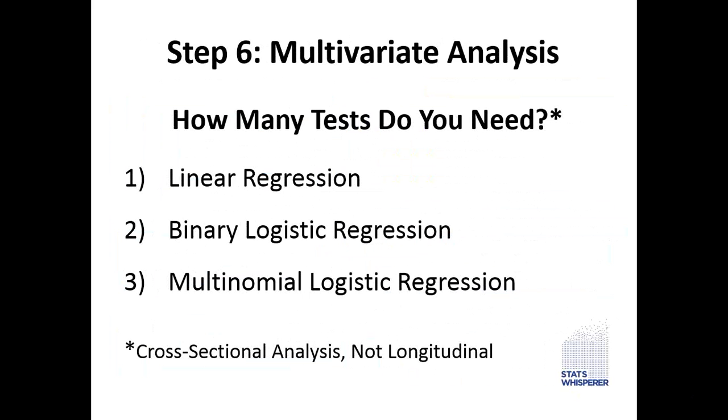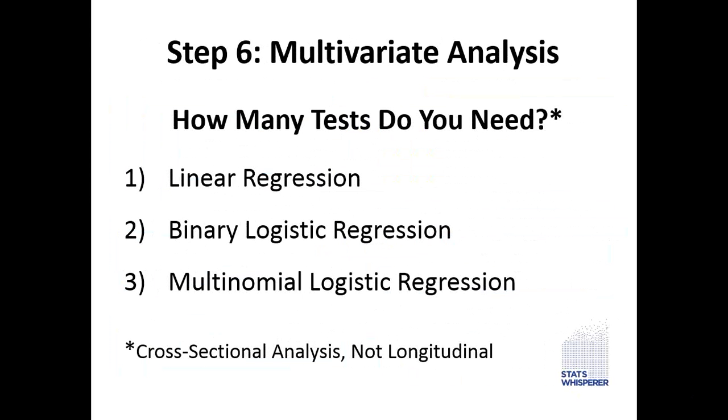So how many tests do you need? Right? How many tests do you need to do multivariate analysis? Well, the first thing is, you see little asterisks there. This refers to cross-sectional analysis, not longitudinal. But in cross-sectional analysis, there's generally three types of regression that can be used to test the multivariate relationships.